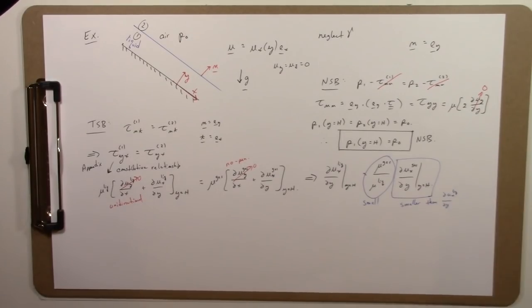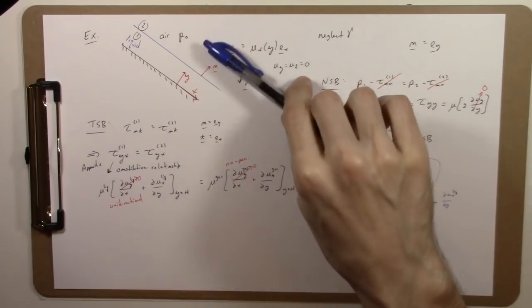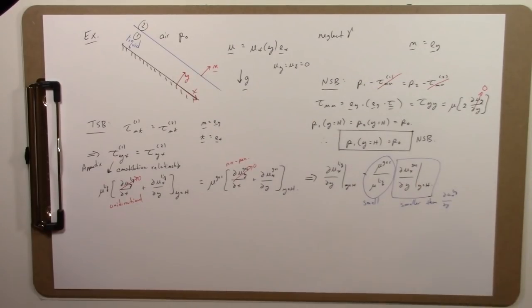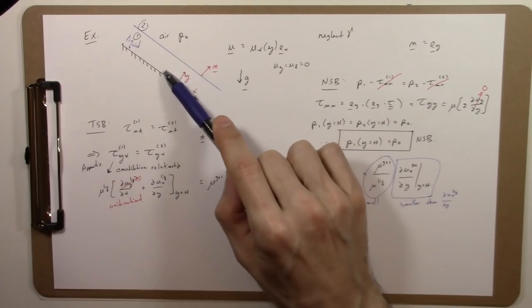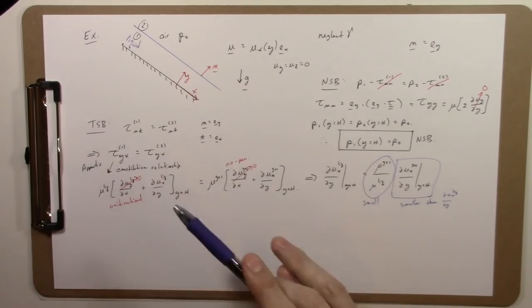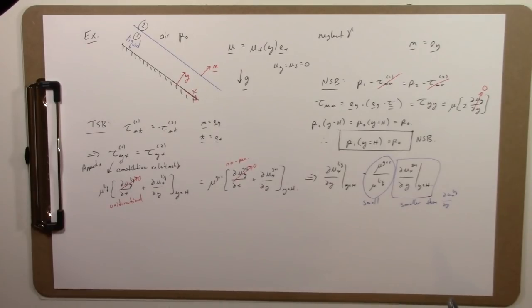Why is it smaller? Well, the gas extends a much larger distance than the liquid. So in the liquid, the velocity has to go from the interfacial velocity to 0 over the small distance that corresponds to the thickness of the liquid film.